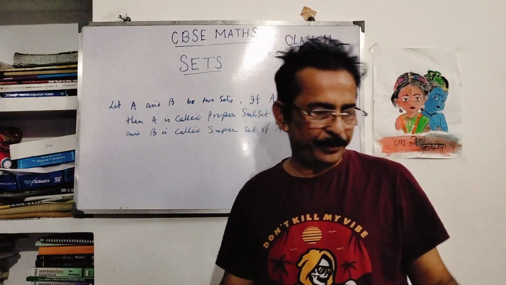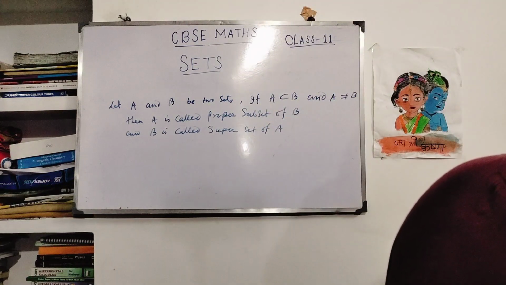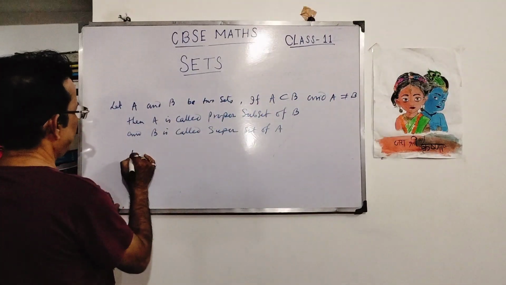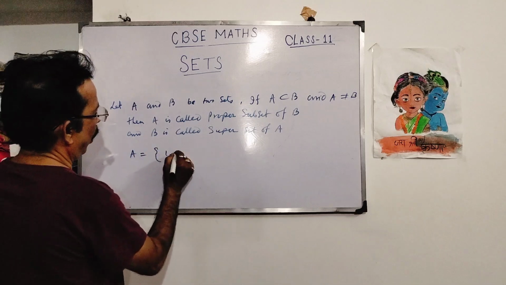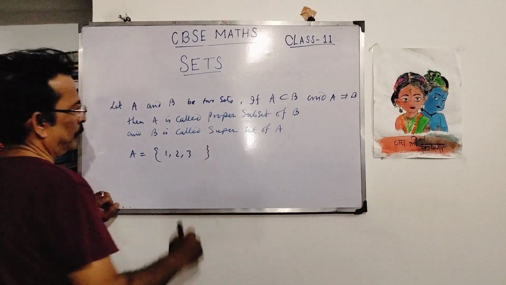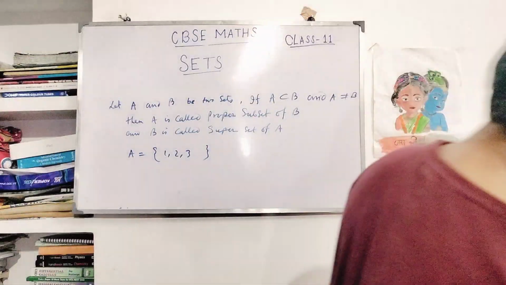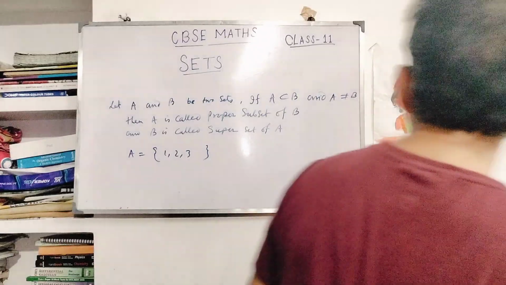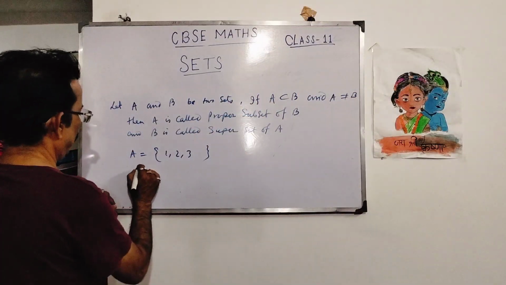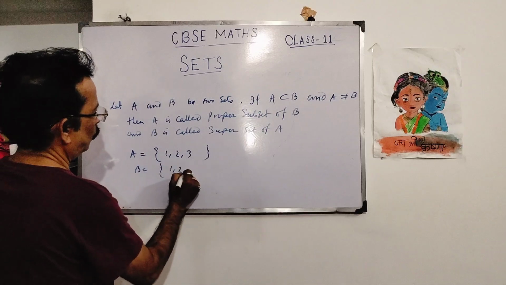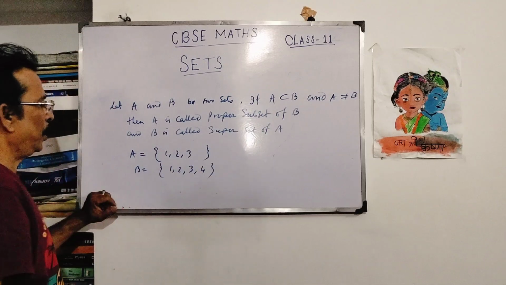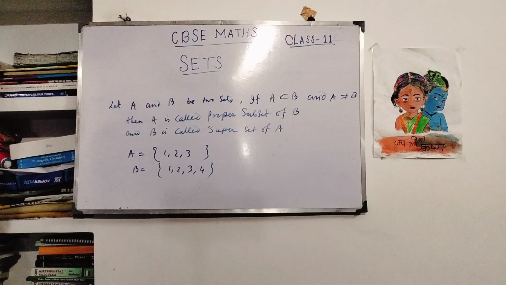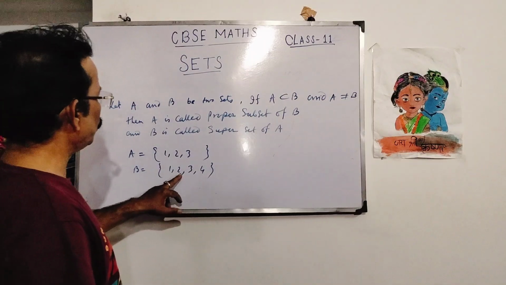Let's take an example. A is 1, 2, 3, and B is 1, 2, 3, 4. So the elements of A are 1, 2, 3 and the elements of B are 1, 2, 3, 4.